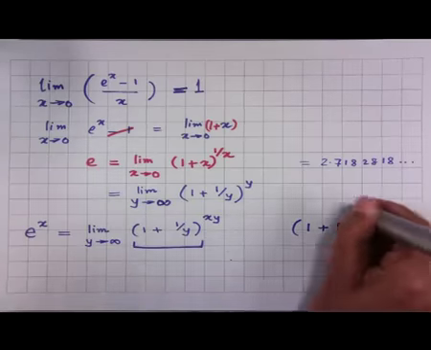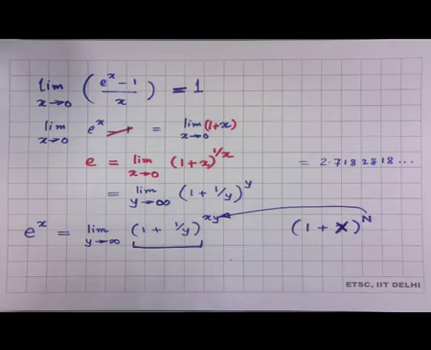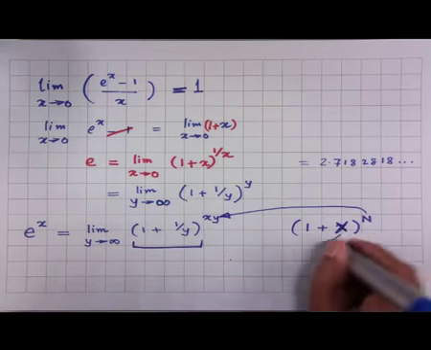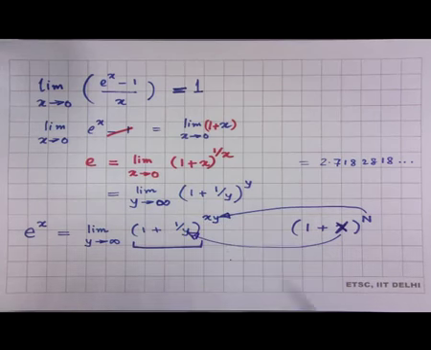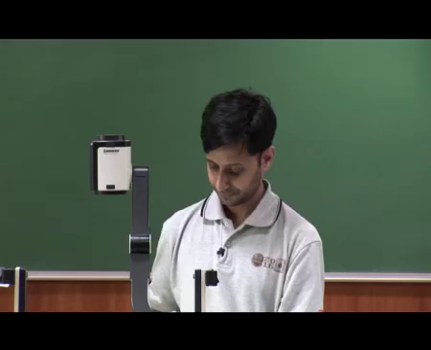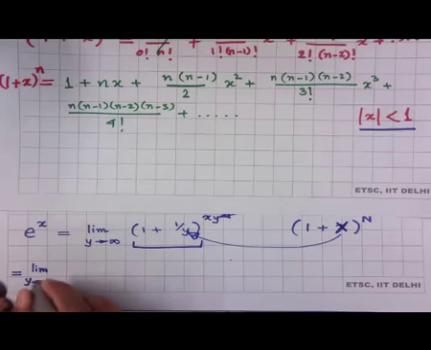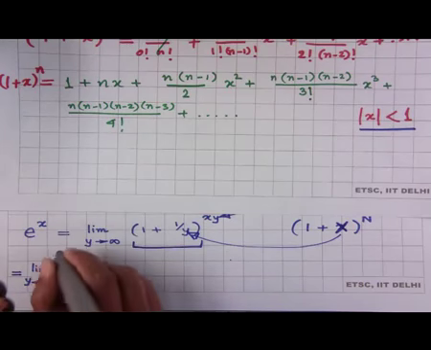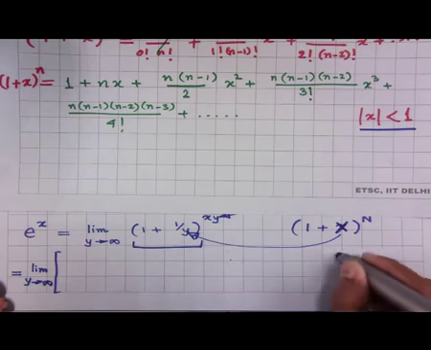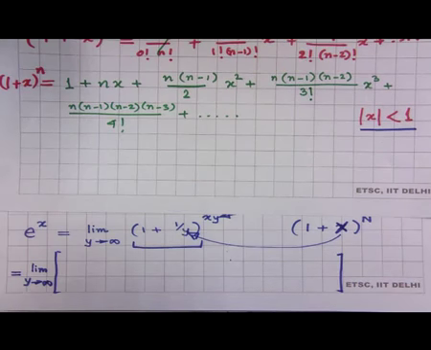So, this n has to be x y and capital X has to be 1 by y, and after that I just plug this in. And of course, limit y tends to infinity remains.